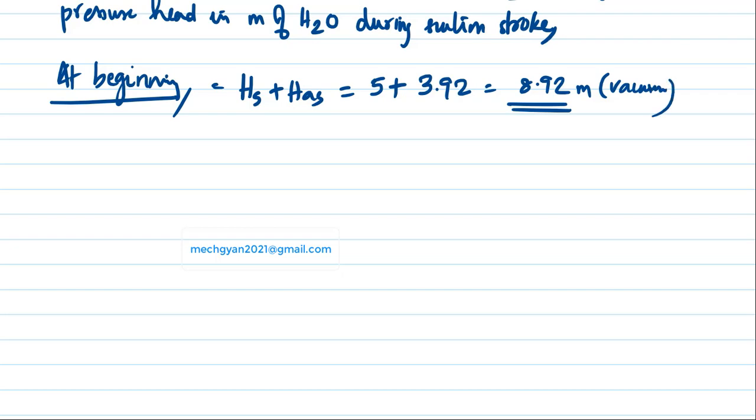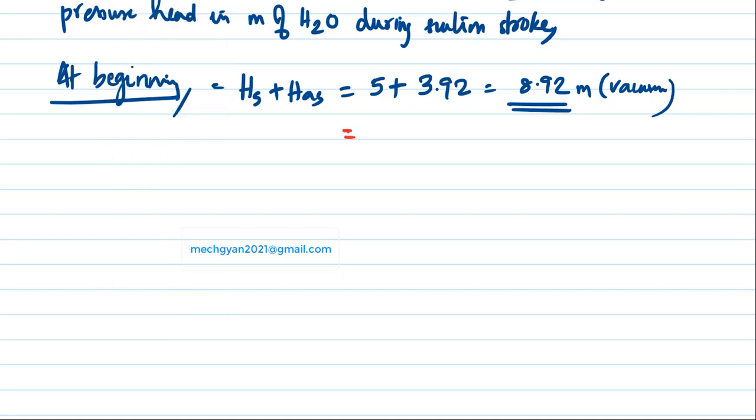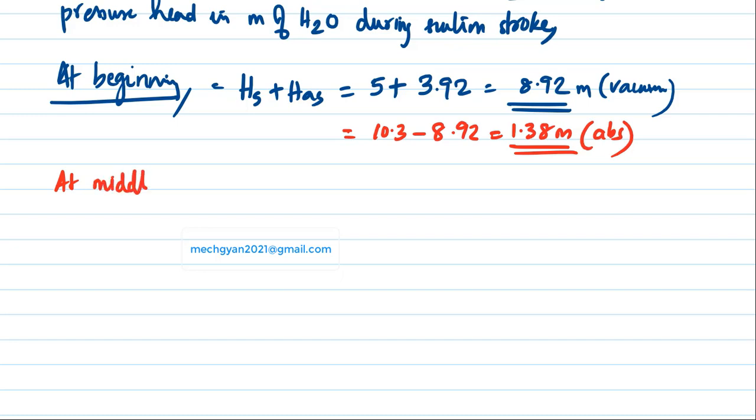So we can write that as 10.3 minus 8.92, that is equal to 1.38 meter absolute. Now at the middle, we have the value as HS plus HFS.